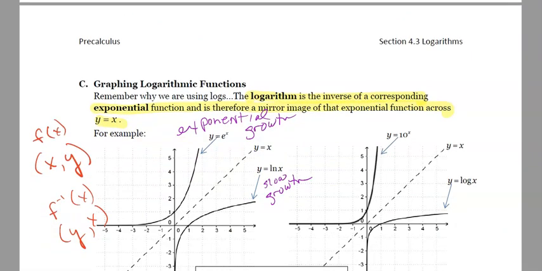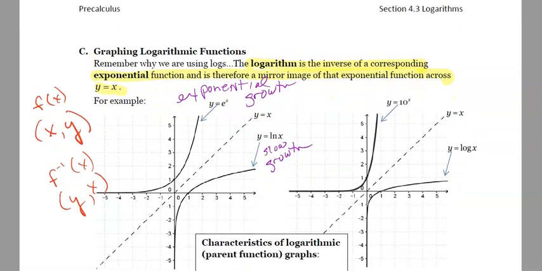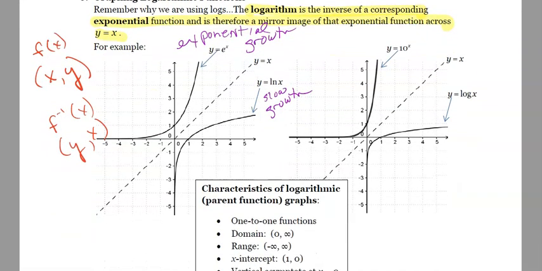Okay, so we're going to talk about some graphing here. And what you can see I did, you have the exponential growth function, and that's growing exponentially, so quickly. And then what you're going to notice is when you take the inverse, it's going to be a slower growth. Okay, so those are inverse functions.